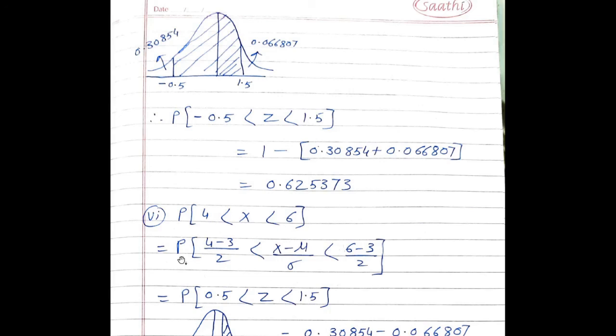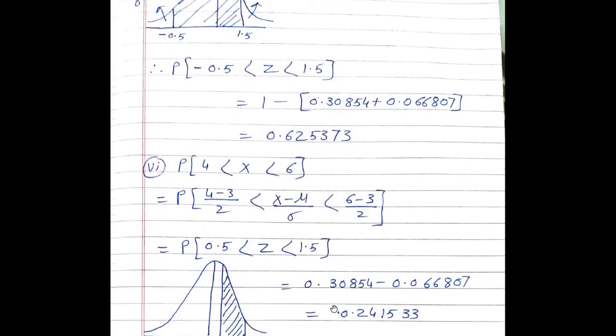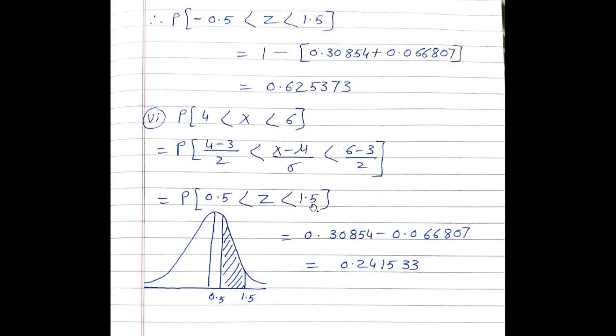Then the next part of the problem, probability 4 less than x less than 6. In this case, I am going to get probability 4 minus 3 upon 2 less than z less than 1.5. The only difference is that in the previous case it was minus 0.5, and in this part I am going to get positive 0.5 and positive 1.5. So in this case, if you observe, the probability which I am going to get for 0.5 will cover the 1.5 probability also, because this part is also covered in the probability for 0.5.